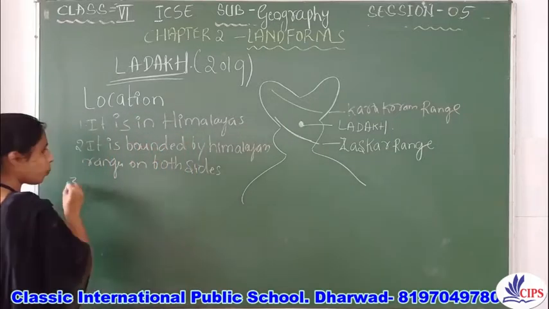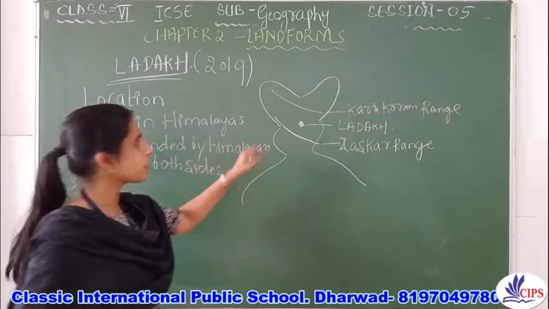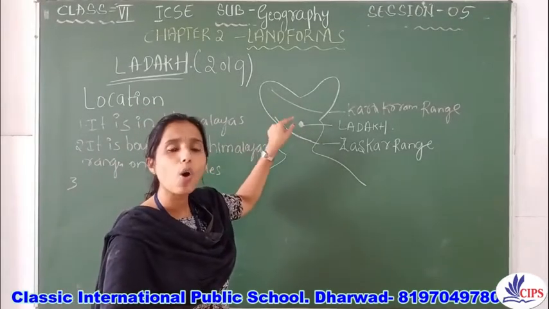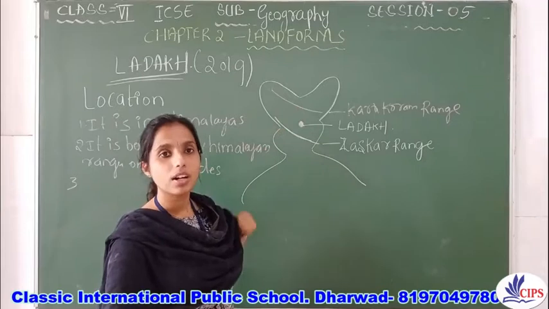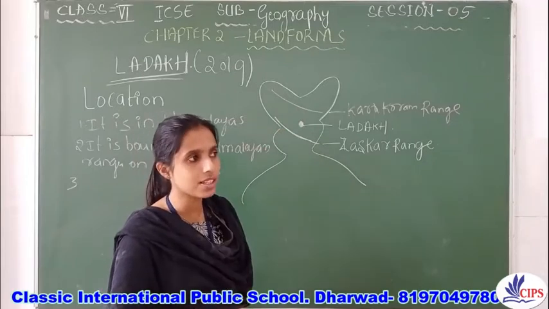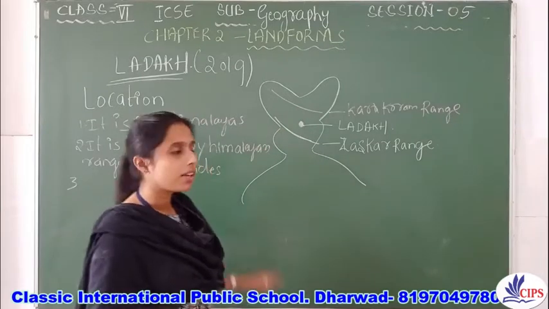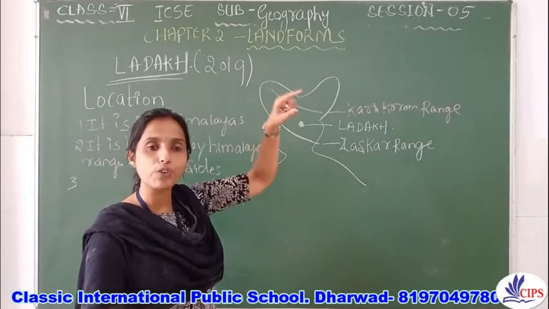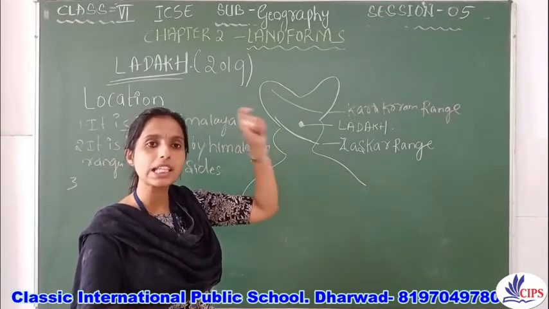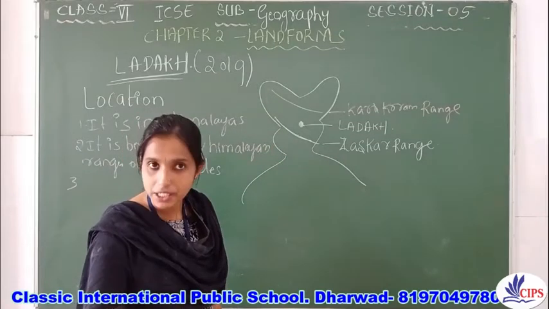Third thing we can surely say is the area has altitude. Remember, while discussing the plain, I said hills or the mountains have altitude from the mean sea level of 6,000 to 8,000 meters.